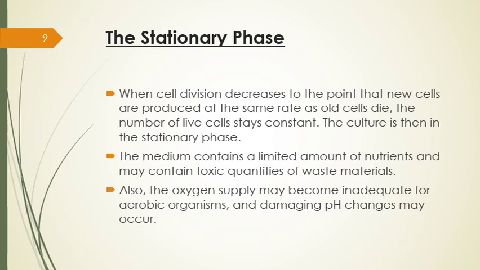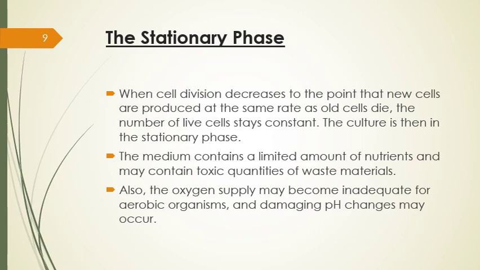This stationary phase usually is attained by bacteria at a population level of around 10^9 cells per ml. Other organisms normally do not reach such high population densities. Protist cultures often have maximum concentrations of about 10^6 cells per ml.